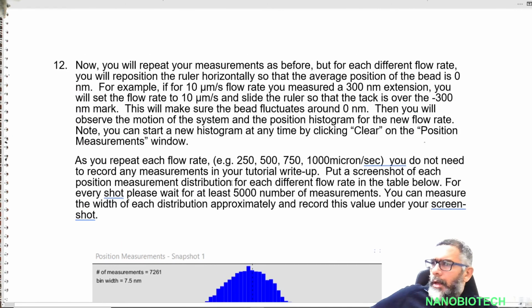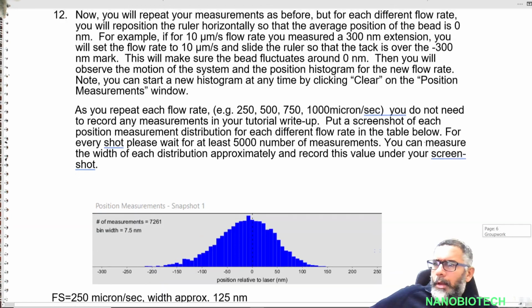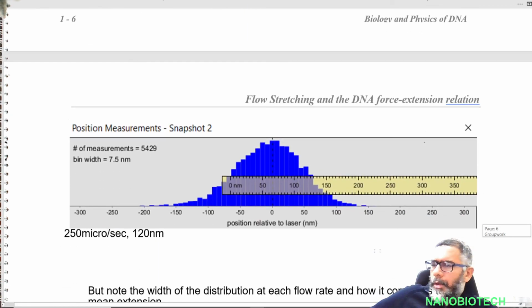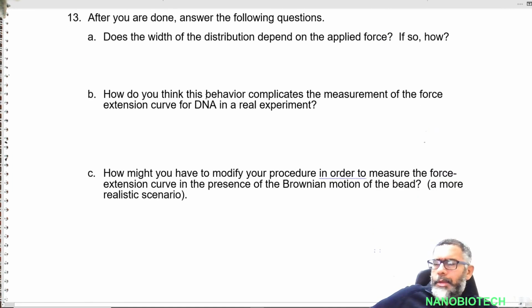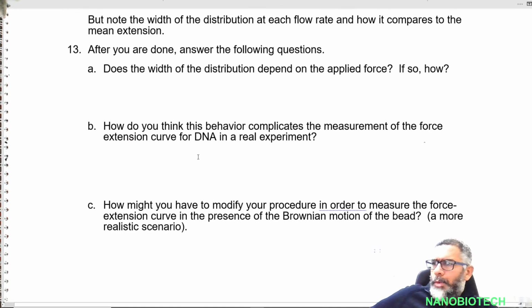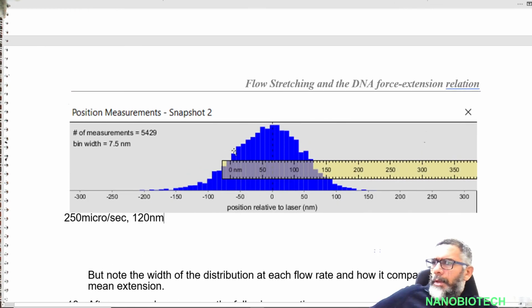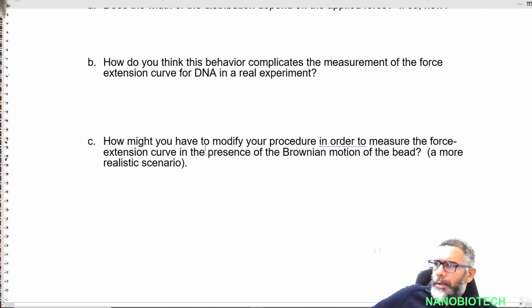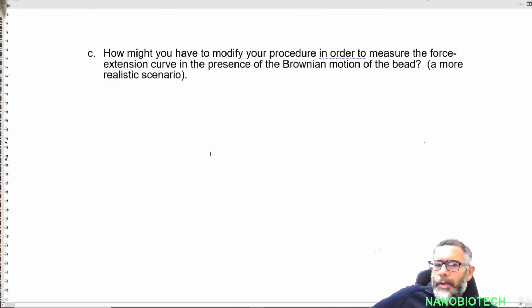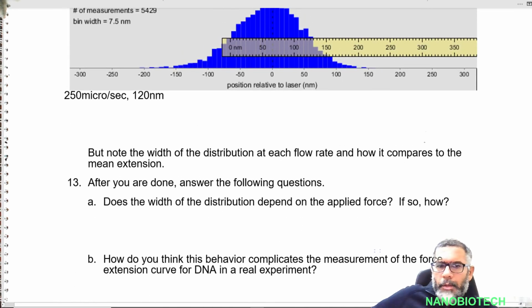You do this for the flow speeds of 250, 500, 750 and 1000 microns per second, and put your screenshots over here. Next, answer the questions: how is this width changing when you increase the flow speed, etc.